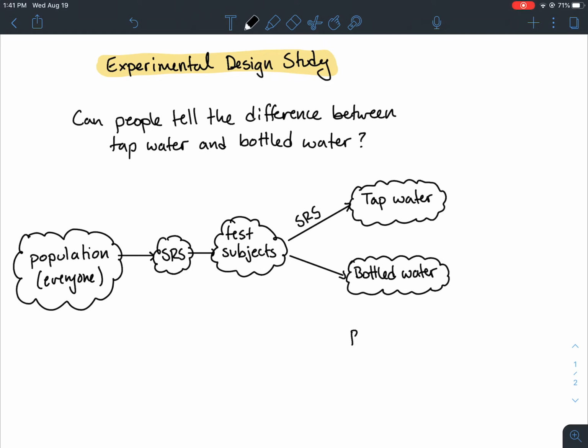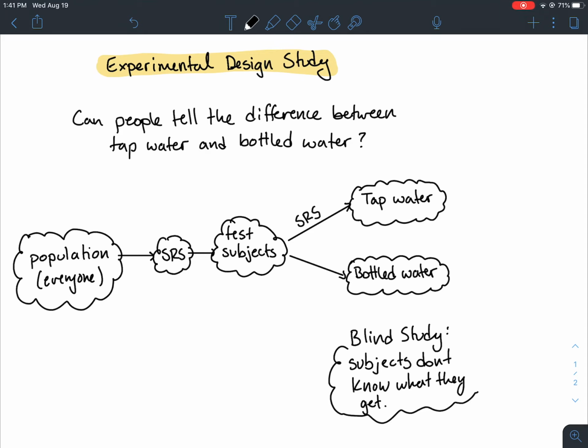This is what we call a blind study, and that's where our subjects don't know what they get. Okay, so this is a blind study that we're doing.